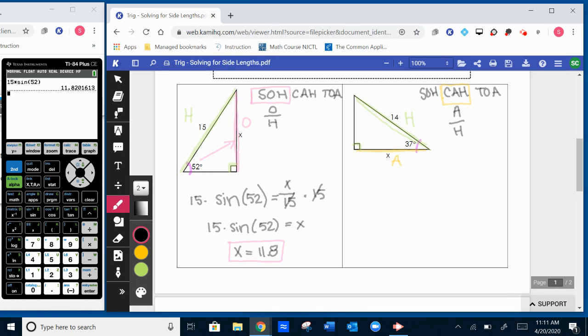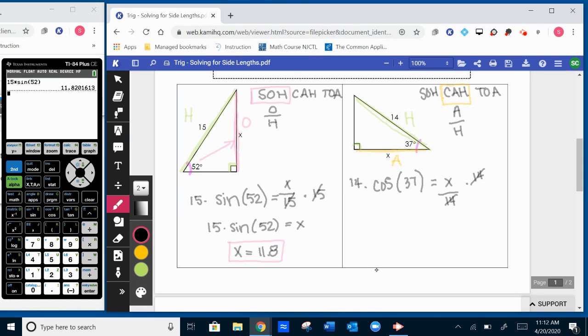I'm going to start with the cosine of my angle measure, which is 37 degrees, equals adjacent over hypotenuse. We already marked it to make it easier for us. So we're going to take the adjacent side, which is x, over our hypotenuse, which is 14. Again, we want to get rid of our denominator, so I'm going to multiply both sides by 14.